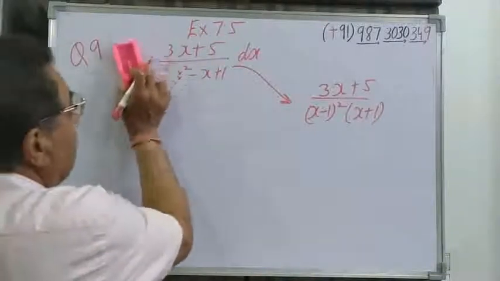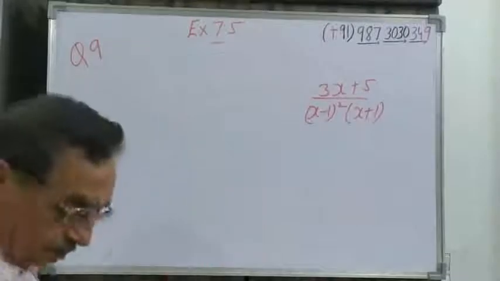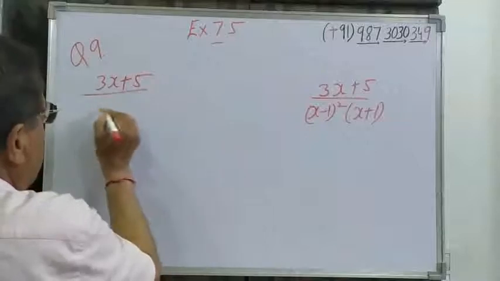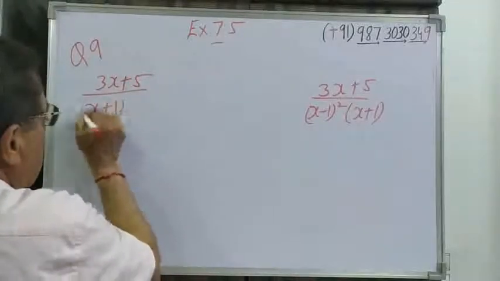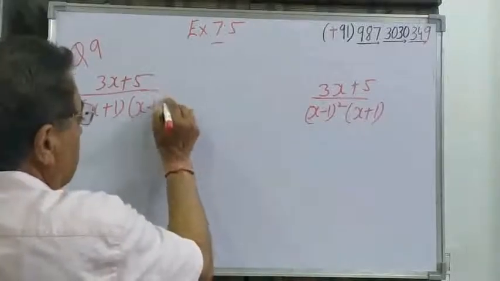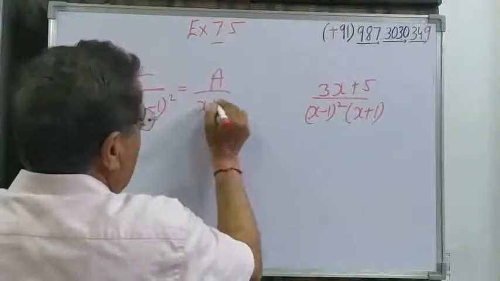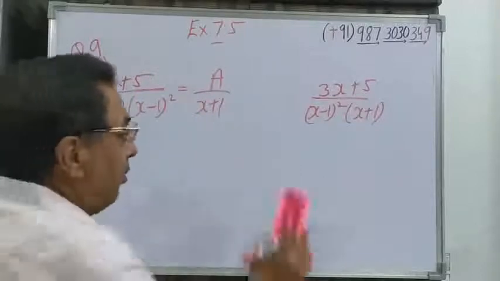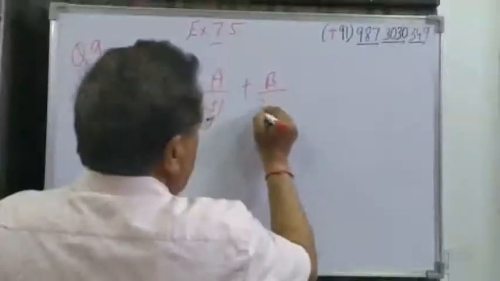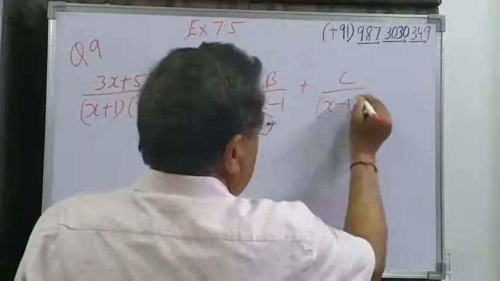So now how to do it? First of all I will do it this way: 3x plus 5 divided by (x plus 1) into (x minus 1) square can be written as A upon x plus 1, plus B upon x minus 1, and C upon (x minus 1) square.